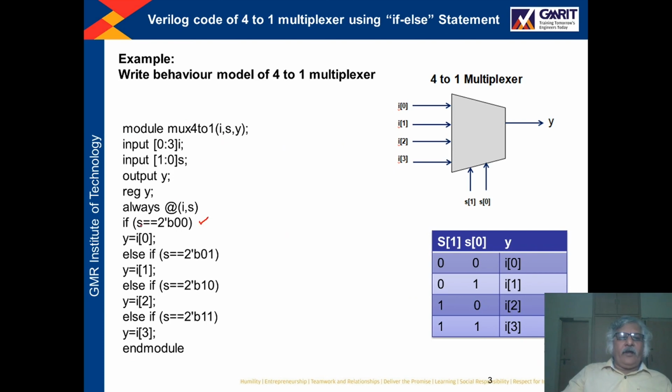If the value of S, let us assume S1 is 0 and S0 is 0. So now if this statement is executed, then the value of S, which is 0 0, will be equal to this 0 0, right? This will give you the result true.